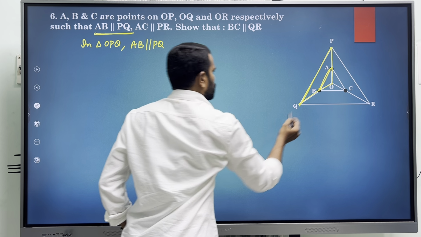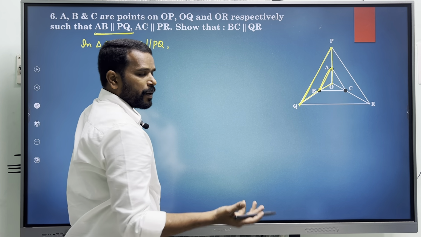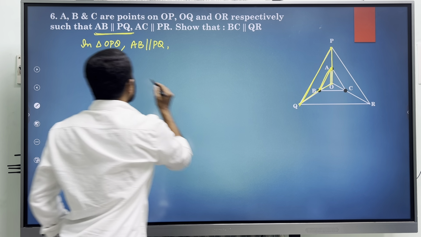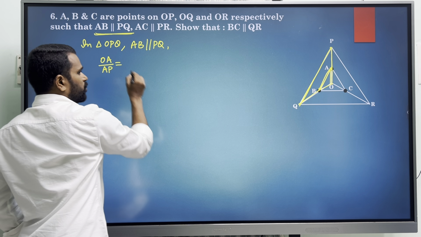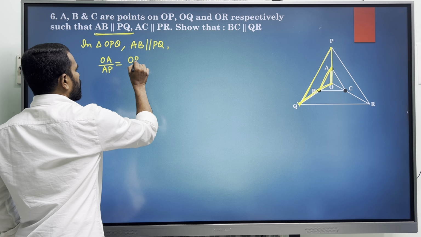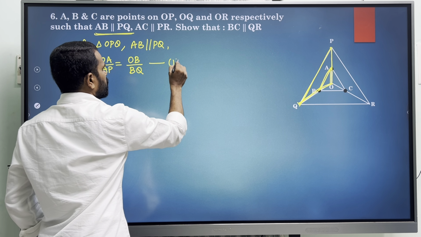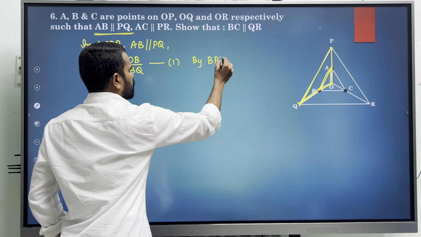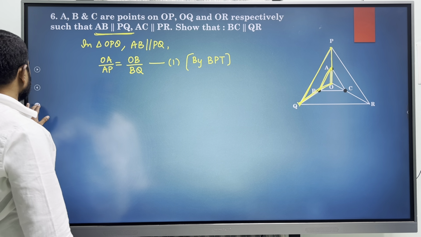Then by BPT we can say that OA by AP is equal to OB by BQ. This is equation 1 by the basic proportionality theorem.